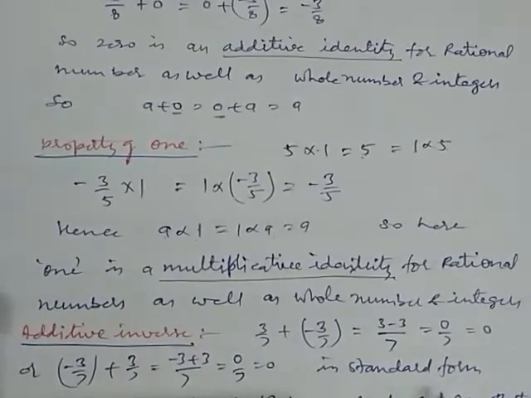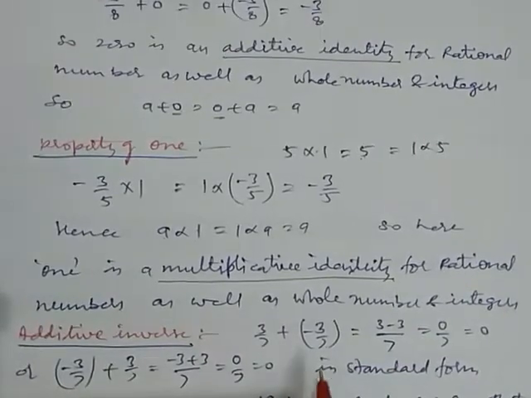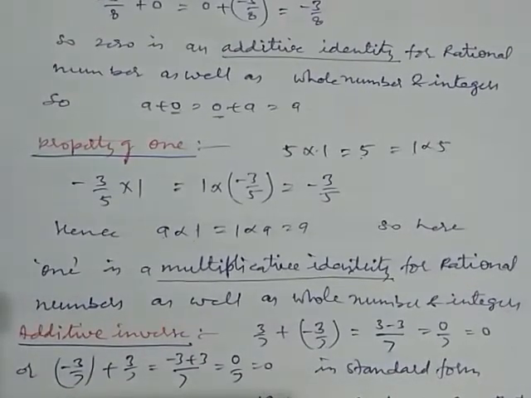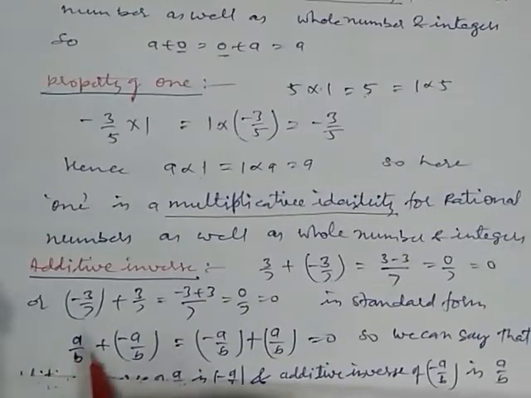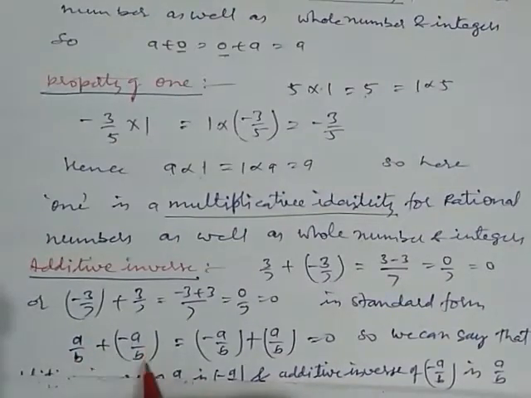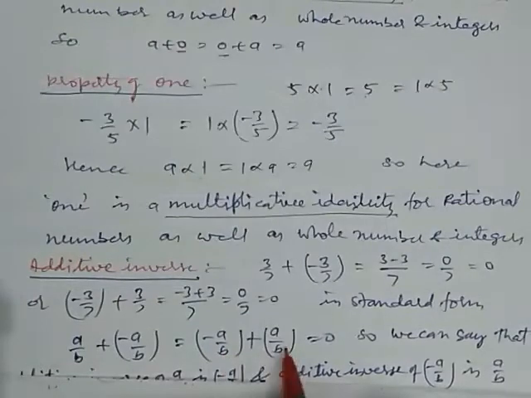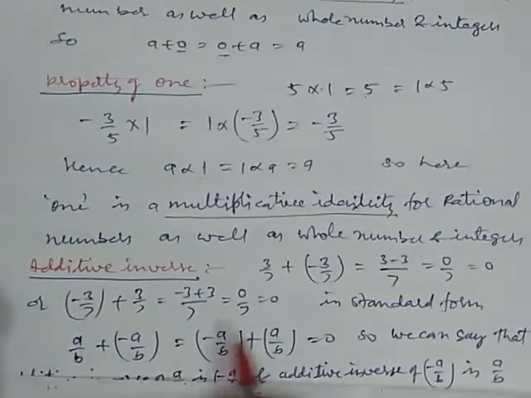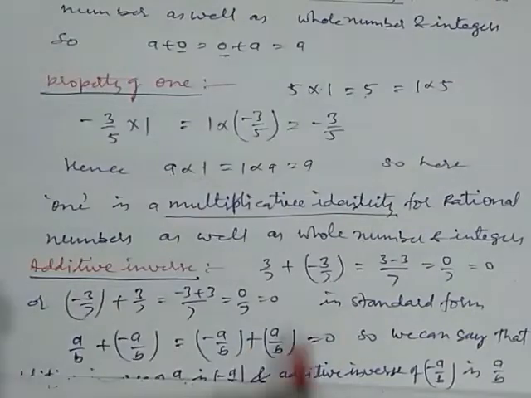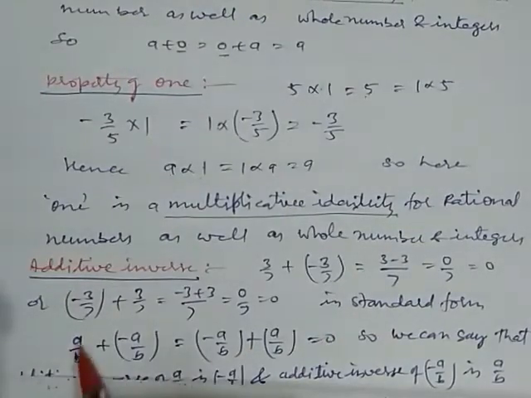In standard form, a by b plus minus a by b equals minus a by b plus a by b. Here we change the order, but in both cases we receive 0 because a by b and minus a by b cancel out.